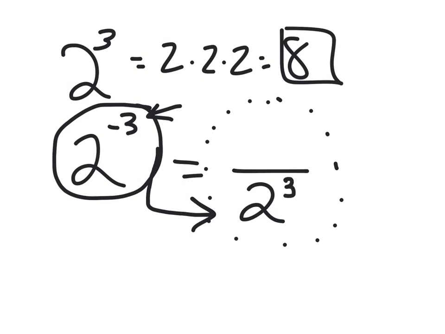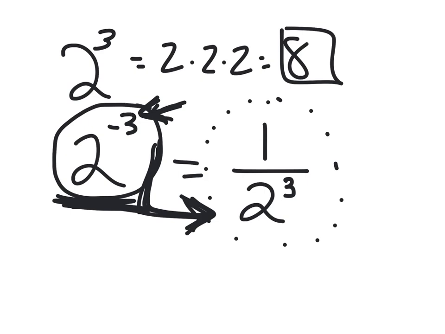Now, because the negative exponent forced this entire item into the bottom of my fraction, something has to go up top to hold the spot. And that something is a simple 1. So a number with a negative exponent forces it into a denominator position, and then I just solve from there.